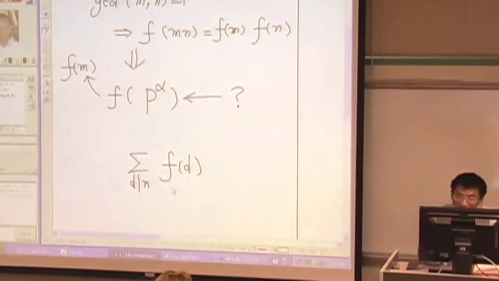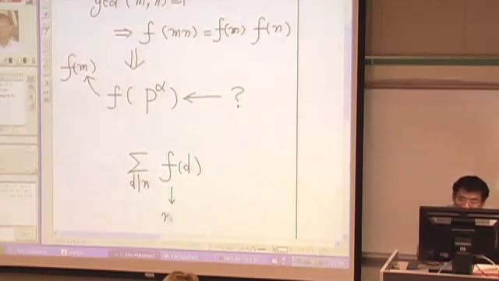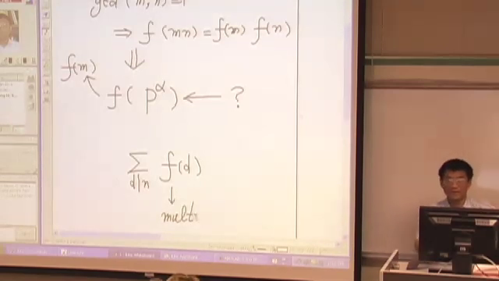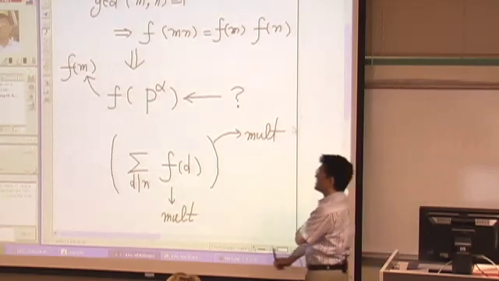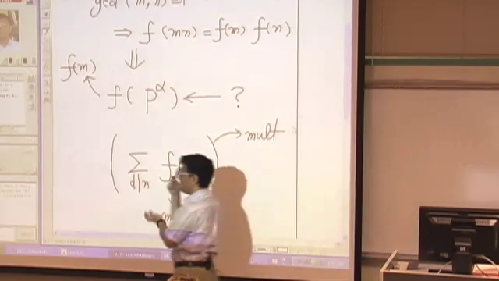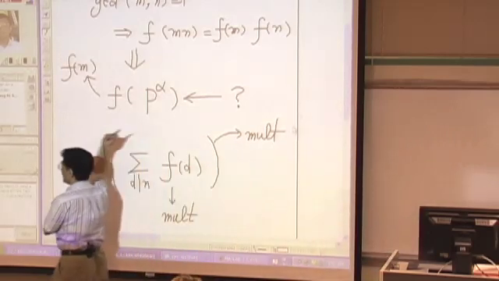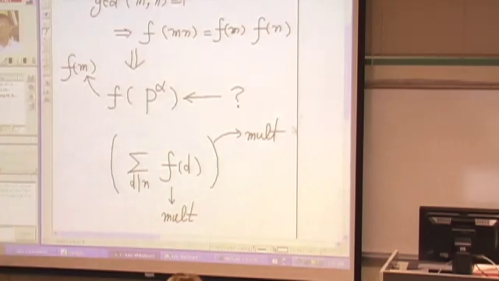If the individual addend is multiplicative, then the whole thing is multiplicative. So this is the statement I will prove. Once we know a function is multiplicative, then the sum over the divisors is also multiplicative.